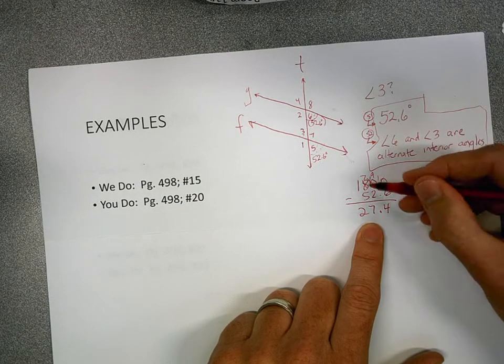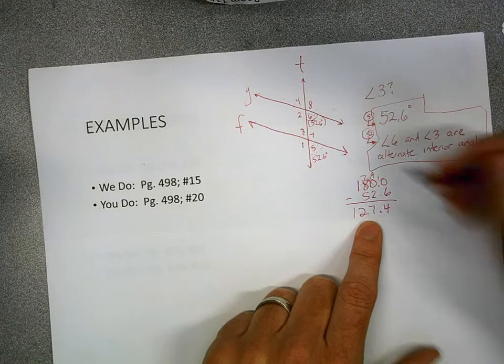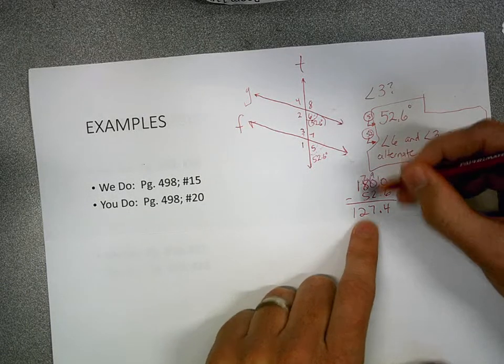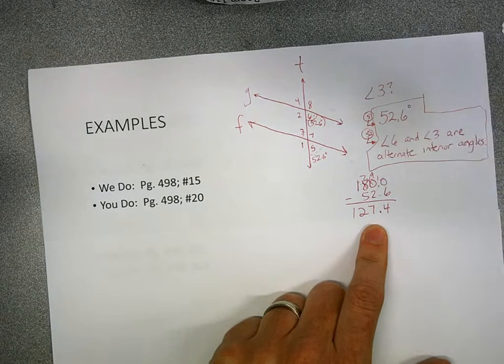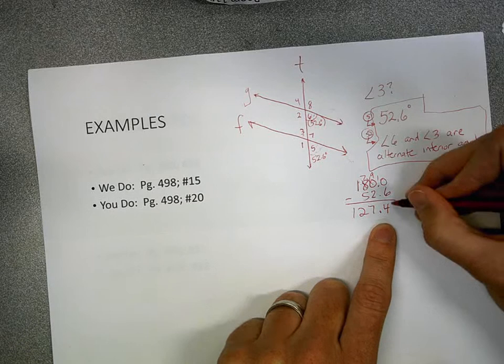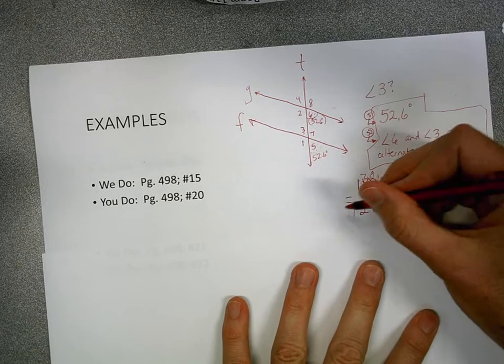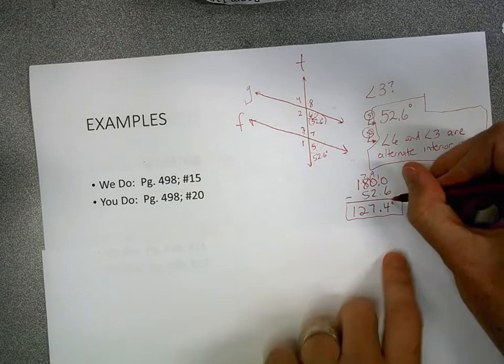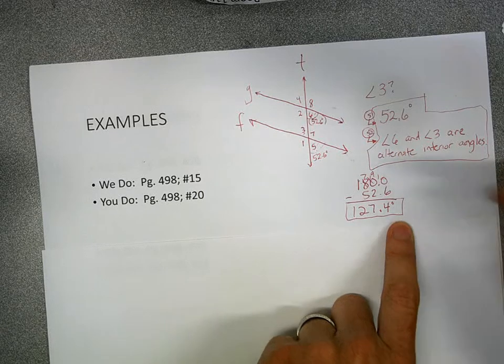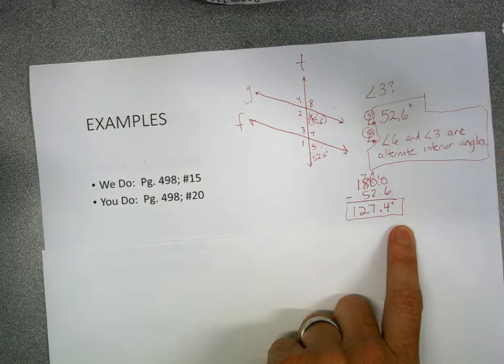Sorry, I forgot the 1. That looks a little different there. So 127.4 degrees is my answer. However, don't forget, we need to explain this, and this explanation is a little longer.